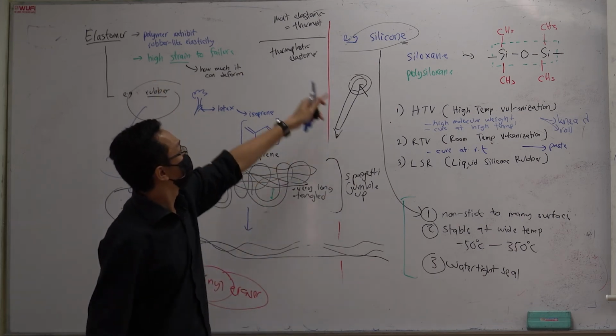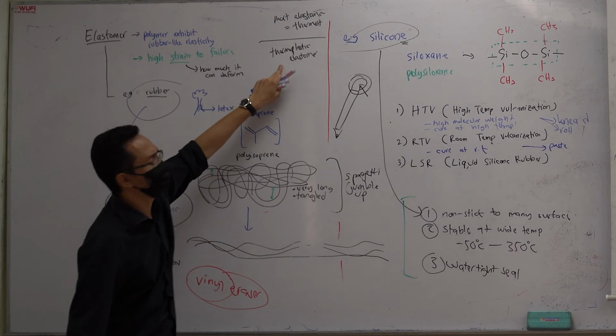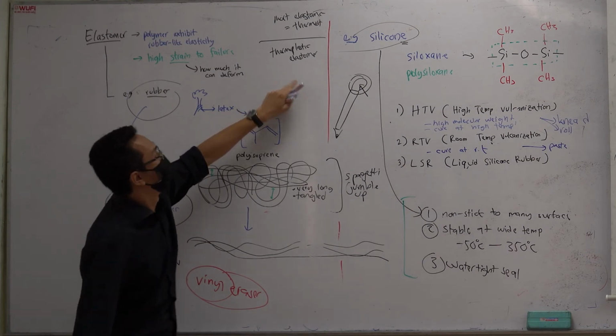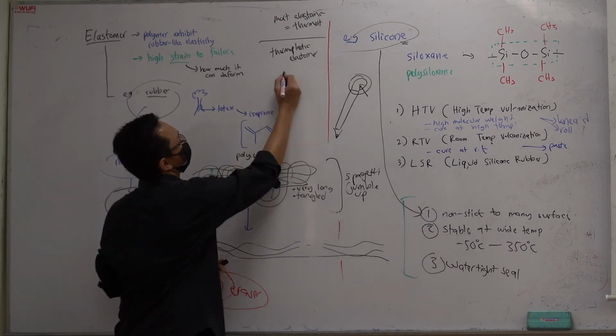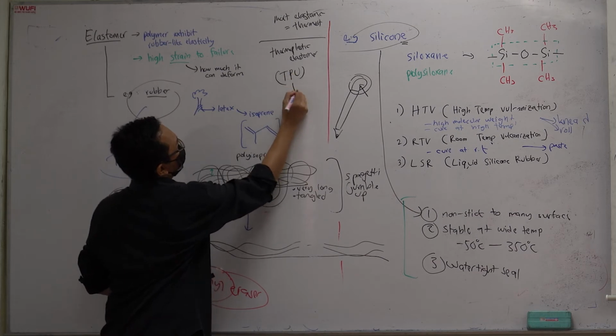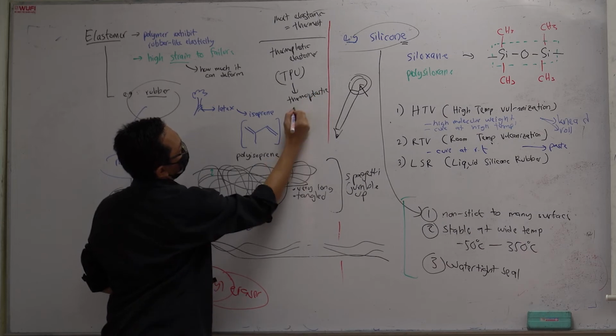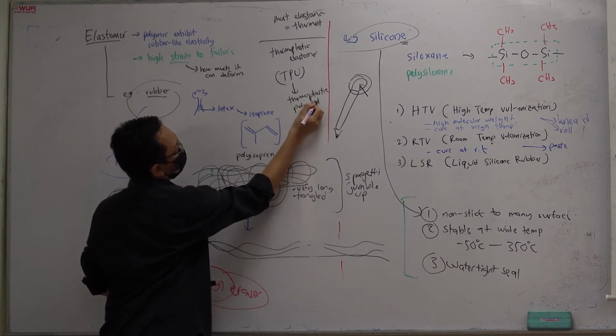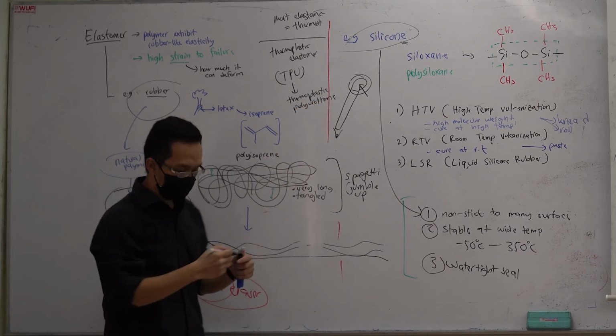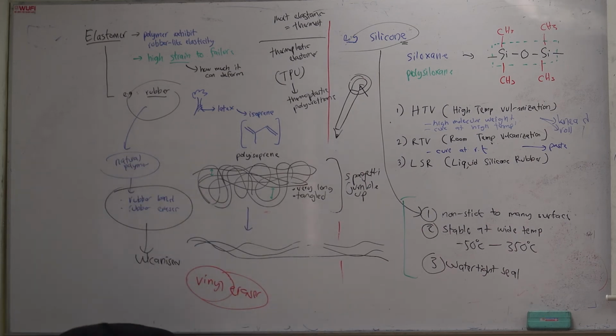So people tried to develop thermoplastic elastomer. An example of thermoplastic elastomer is TPU. TPU is thermoplastic polyurethane. So that is an example.